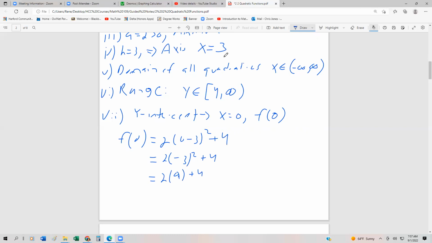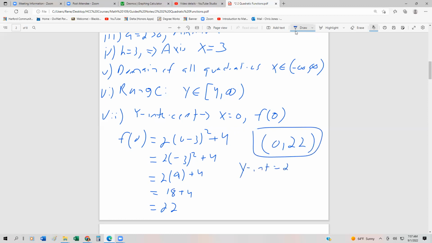We know 2 times 9 is going to be 18, and so that just works out to be 22. So that means the y-intercept occurs at the point (0, 22), or we just say the y-intercept is equal to 22.